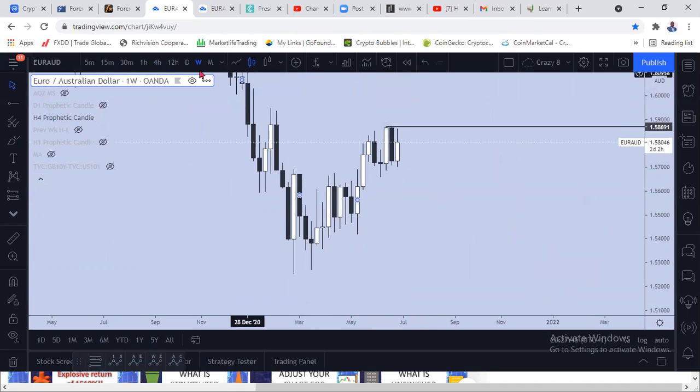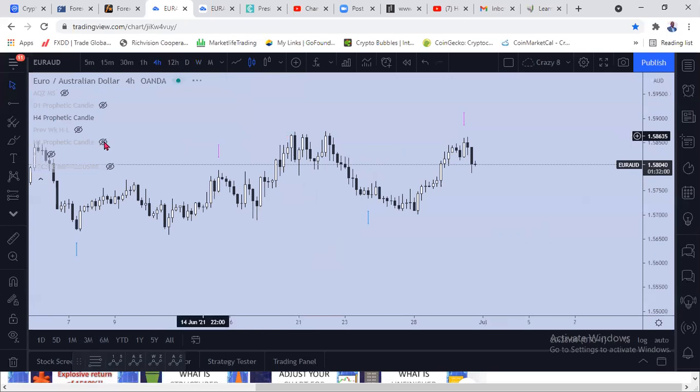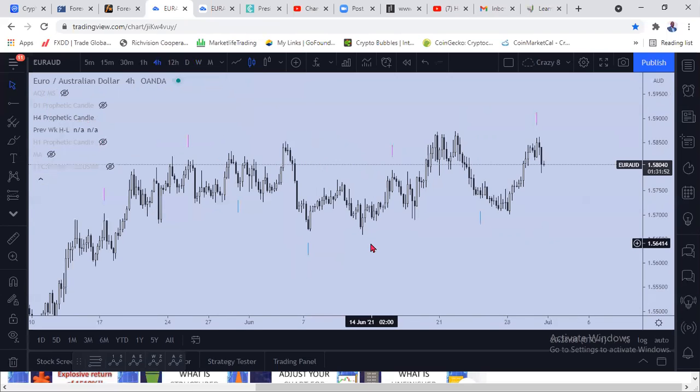If I had the line on that bullish candle, then I come back to 4 hours. Right, I'll see that price. See, I was trading on my mobile, it traded into the previous week's high, right?